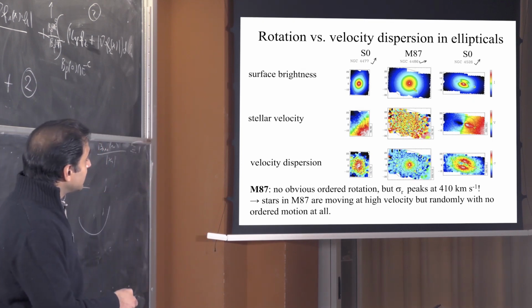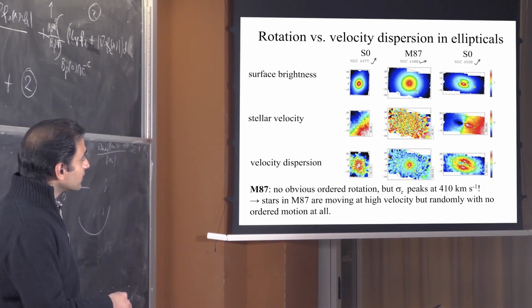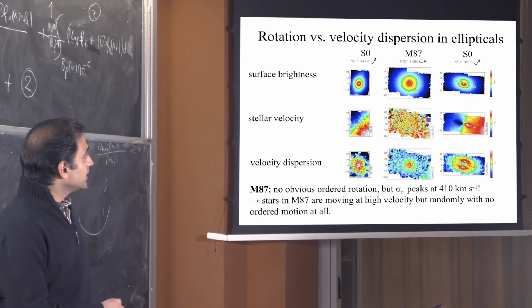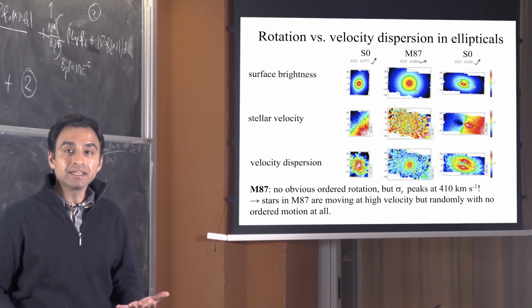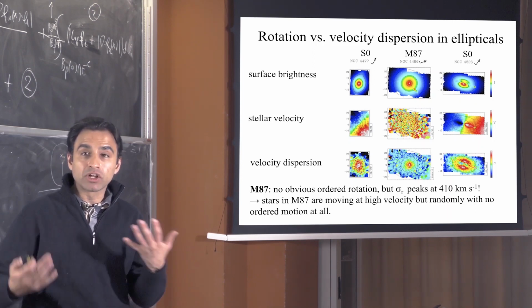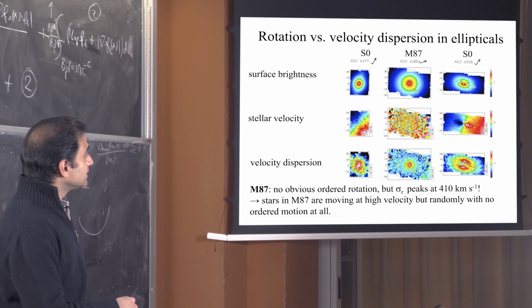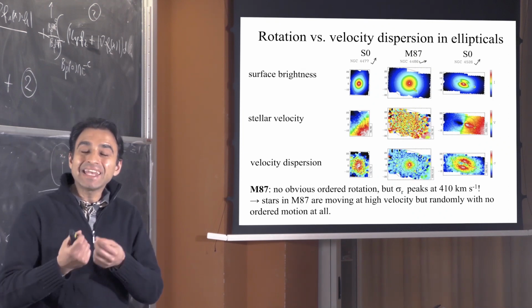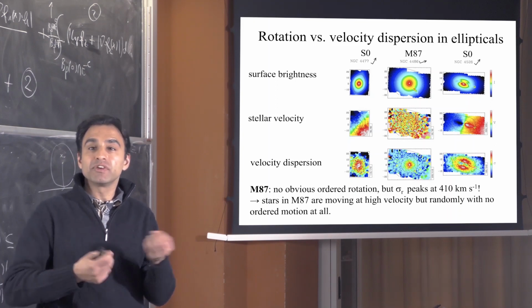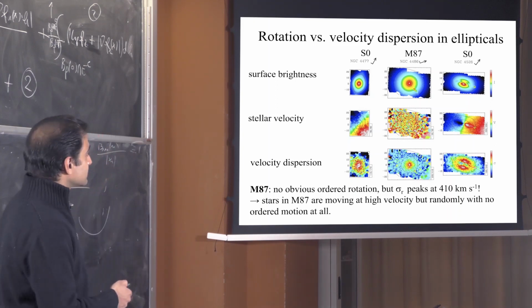You can see that in the case of M87, you don't have any clear pattern. The reason is that M87 is a pure elliptical galaxy, and all its stars are moving in all directions, so you see all these colorful dots showing there isn't any clear pattern; the stars are moving wherever they want to move, in essence.